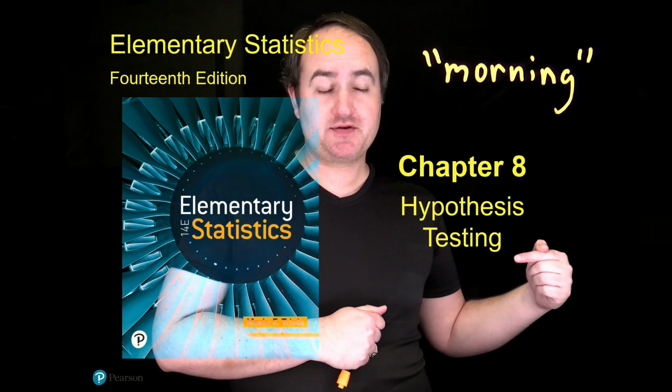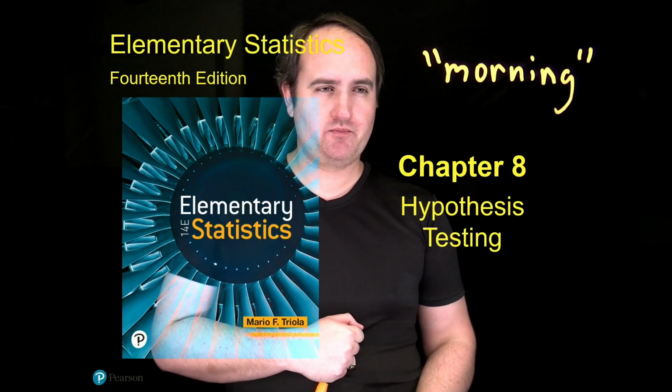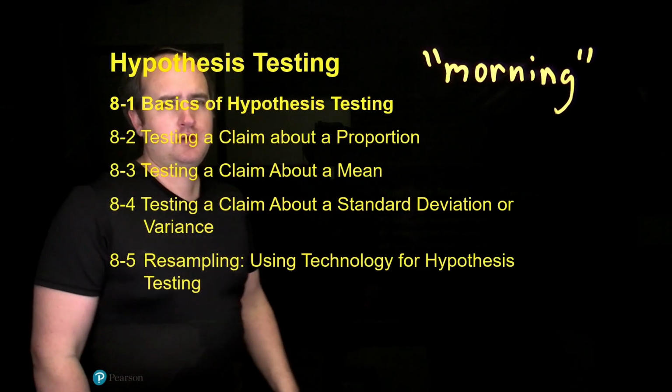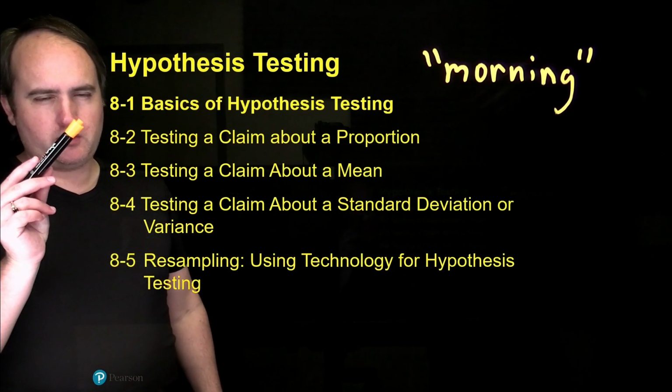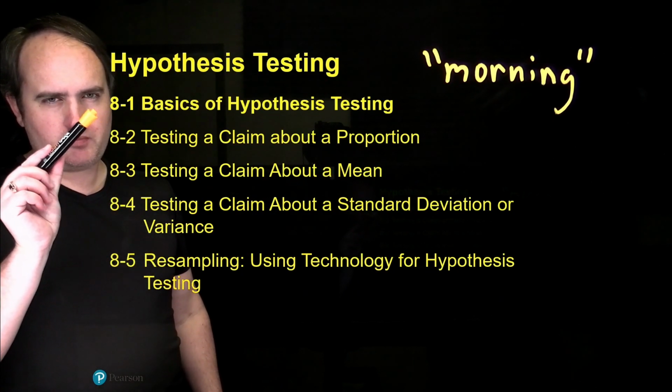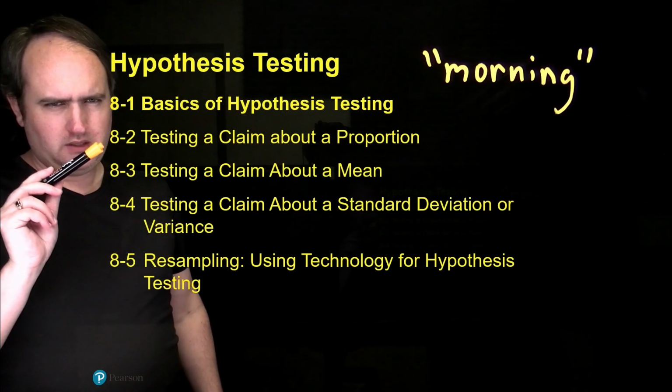Anyway, silly jokes aside, today we are going to be starting on Chapter 8, which is hypothesis testing for our elementary statistics course. All right, and in this lecture, we're primarily going to be doing 8.1, but we're also going to be covering a lot of 8.2.